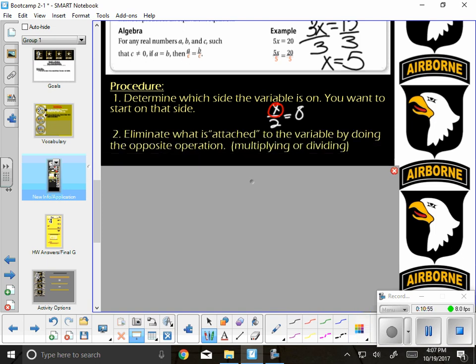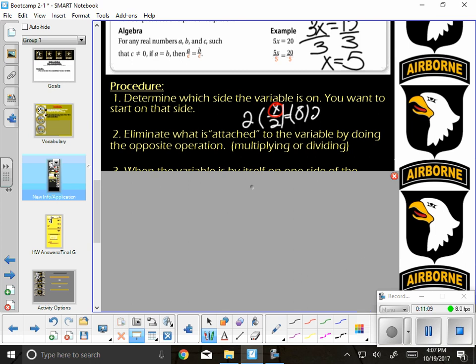From here, we're going to eliminate what is attached to the variable. So with this, the division or the quotient of 2 underneath is attached to that. So we would multiply each side by 2, and we would get x equals 8 times 2, which is 16.